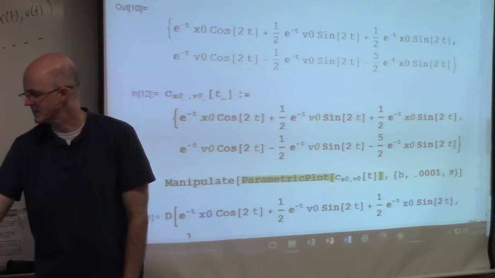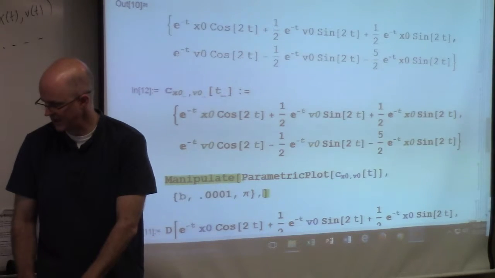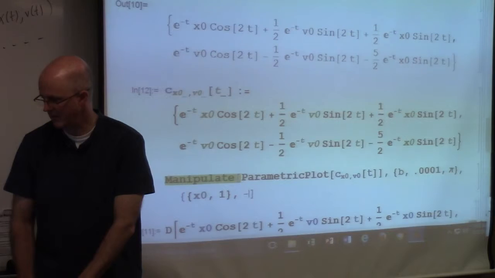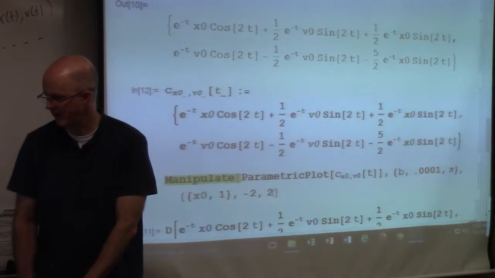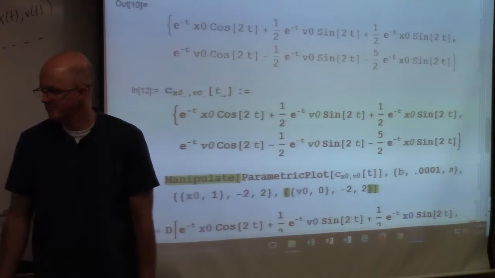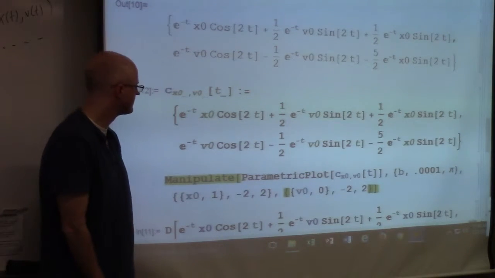Okay, I guess I was going to say what x0 and v0 do. Let's start the initial position out at position 1. Let it go to -2 or as high as +2. Let's start the initial velocity out at 0. Let it go as low as -2 and as high as 2. That's what that syntax does.